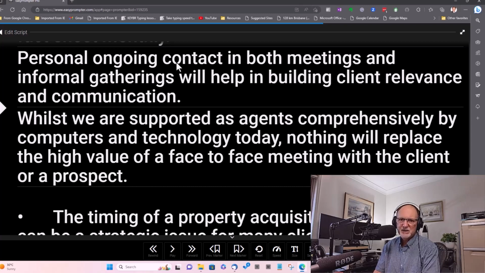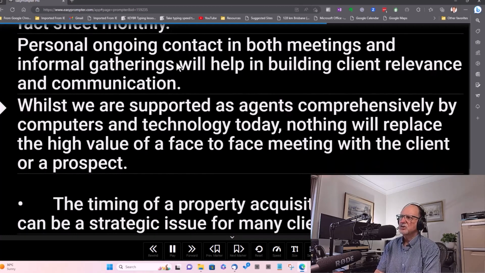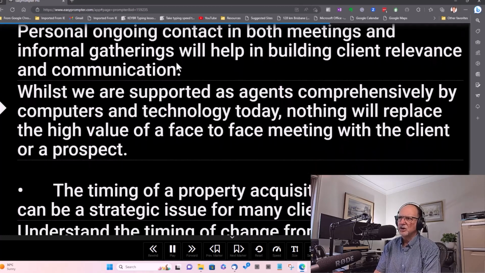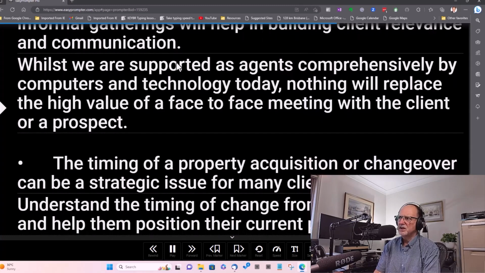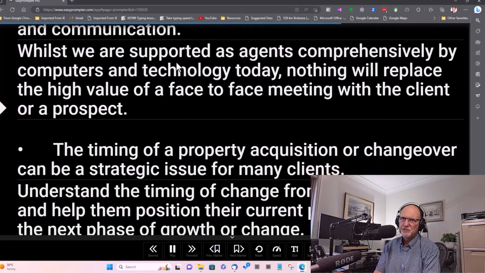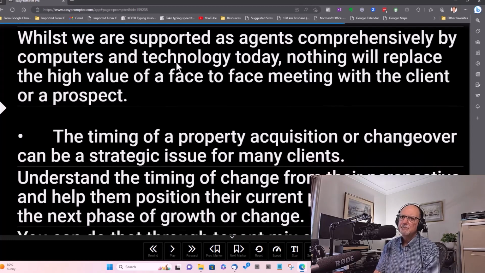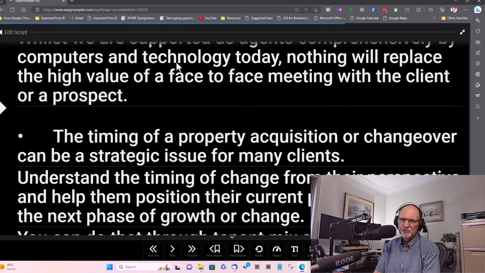That's actually better than sending out listings once a month. So whilst we're supported as agents comprehensively by computers and technology today, nothing will replace the high value of a face-to-face meeting with the client or a prospect.